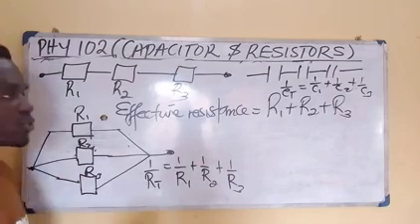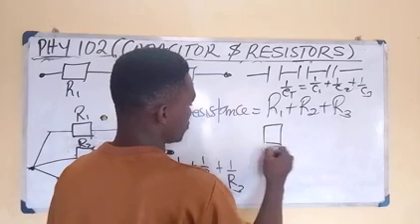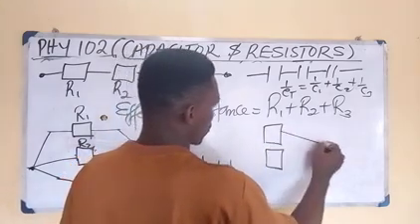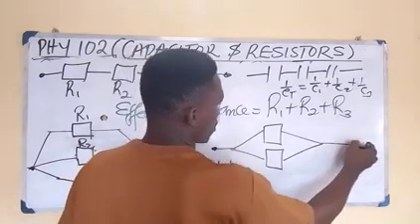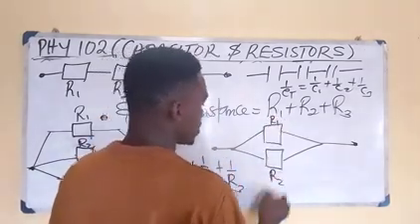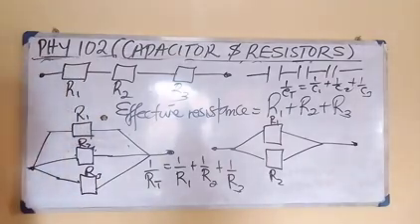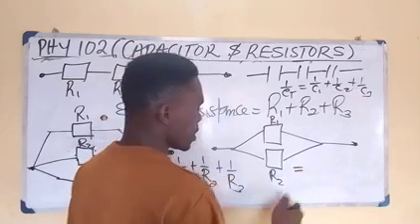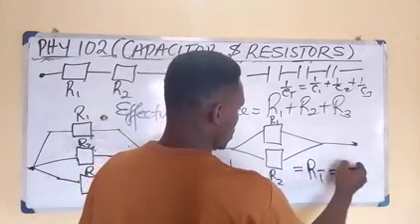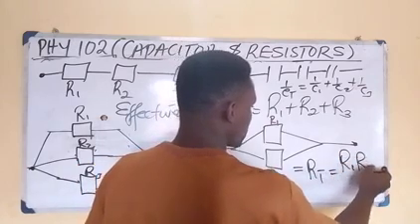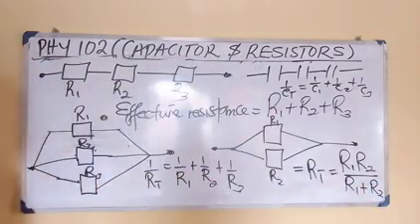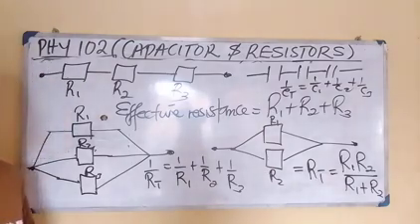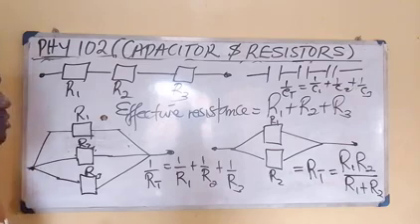But when you have just 2 resistors in parallel, R1 and R2, the effective resistance RT is the product of the resistors divided by their sum. It is as easy as that. Very, very simple.